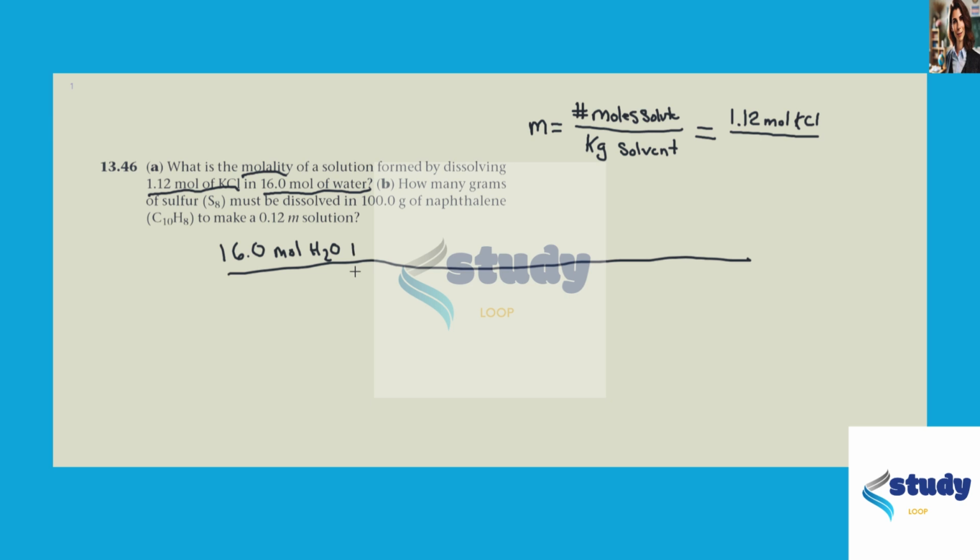So let's convert this. We use our periodic table, and we know that 1 mole of water is equal to 16.00 grams per mole of oxygen, and then you have 2 hydrogen, so that ends up being 18.02 grams of H2O.